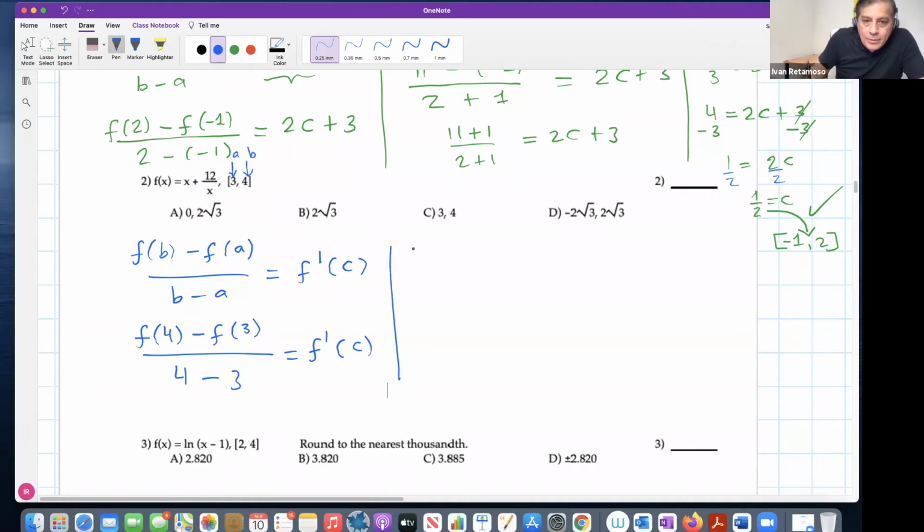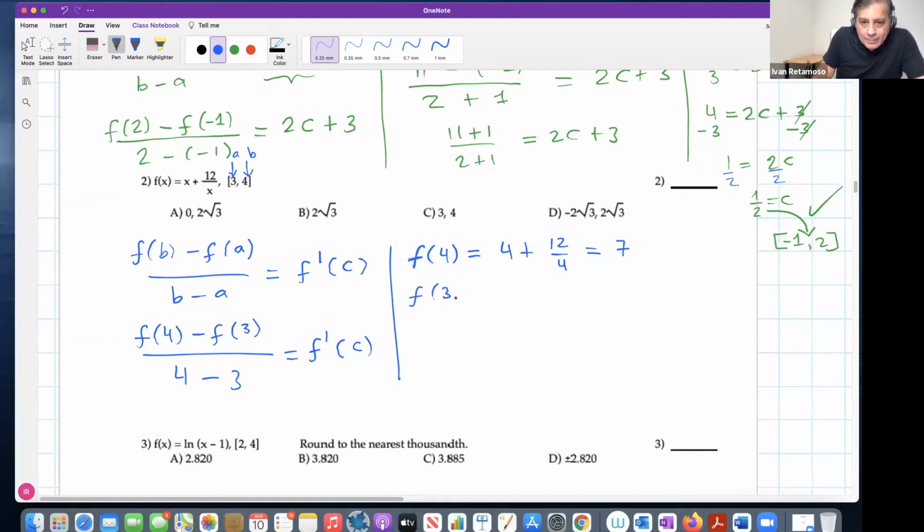Now we compute f of 4. What is f of 4? F evaluated at 4, following this function, will be 4 plus 12 over 4, right? We substitute x for 4. 4 into 12, 3. 3 plus 4, 7, right? That's f of 4.